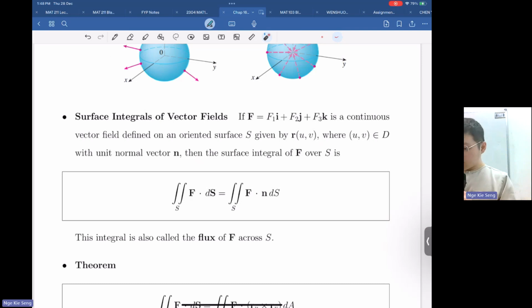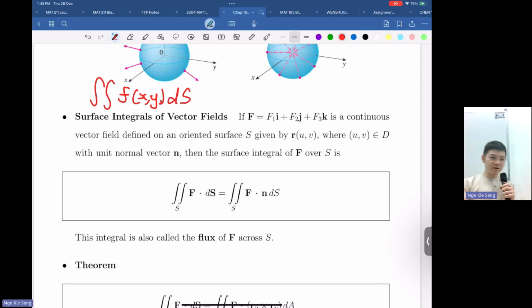Remember, we only know how to do surface integrals for scalar fields. For scalar fields, we already know how to do integration. So how do we do integration for vector fields? Similar to work done, where you have F dot dx, you dot the two vectors together.